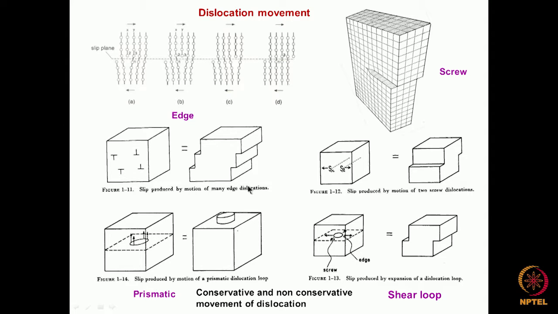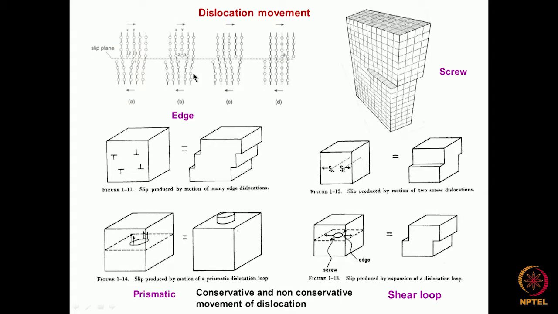For example, if you consider an edge dislocation that moves perpendicular to the slip plane, some row of atoms should be removed from this region and brought to somewhere on the surface.